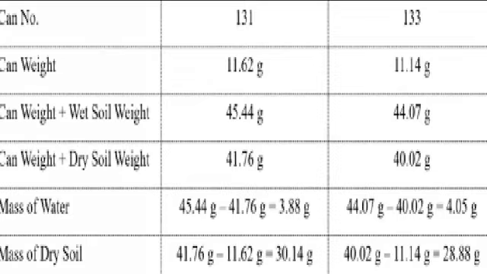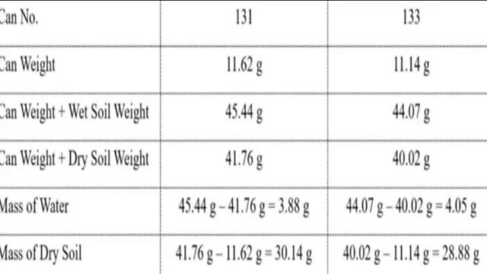So here we have two readings in which we have calculated the amount of water present in the soil, and now we simply convert it into percentage form using the formula I have already given you in the beginning.